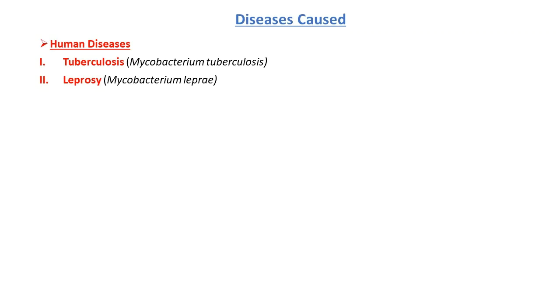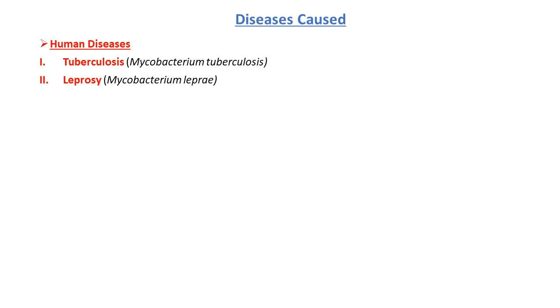So, human diseases caused by bacteria are tuberculosis. The genus for it is Mycobacterium tuberculosis. Number 2 is leprosy. Again, the same genus Mycobacterium, but the species is different, leprae.